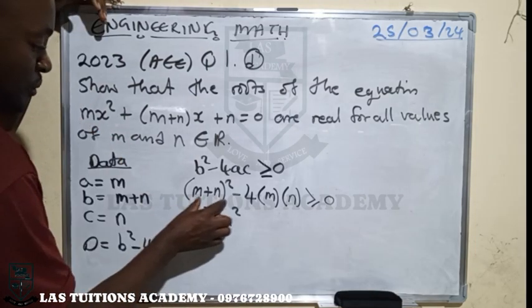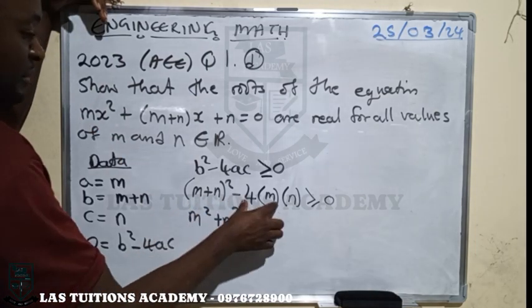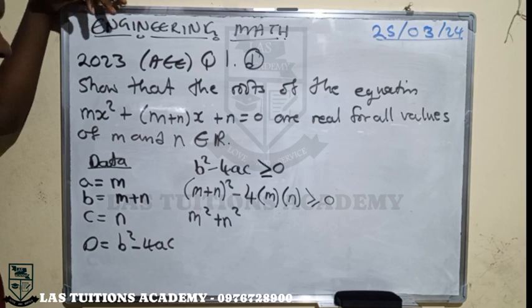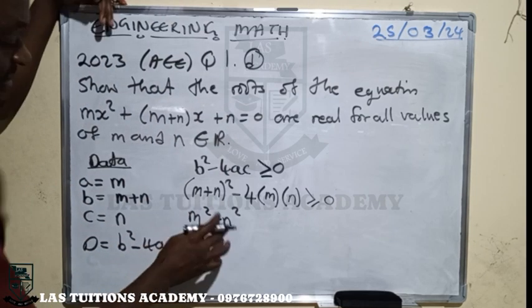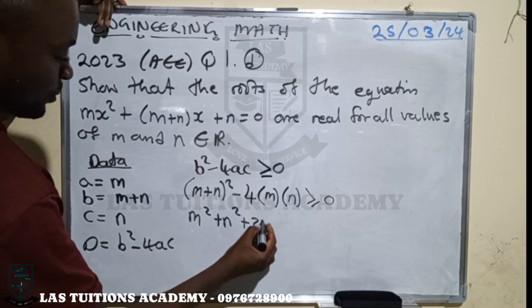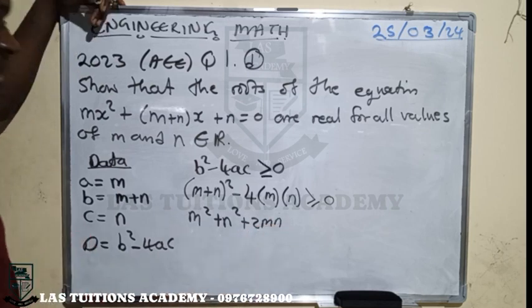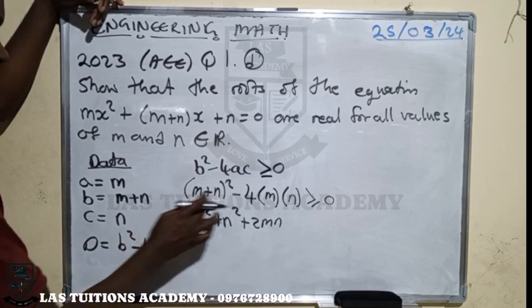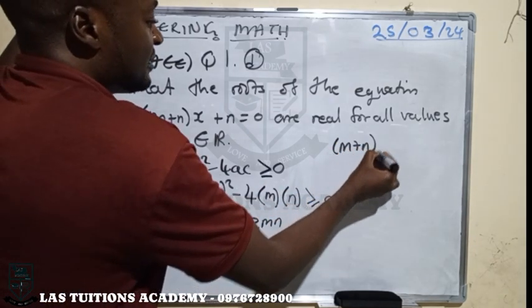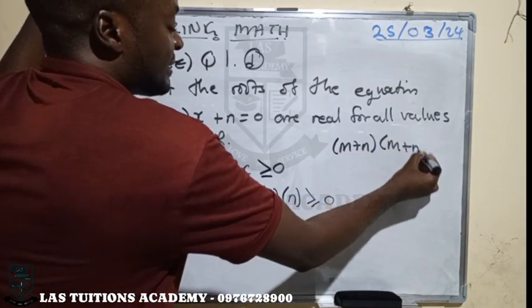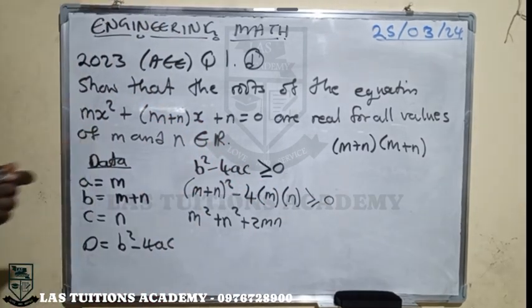That's when we can bring the negative 4mn. So when you expand this, you're going to get m squared plus n squared plus 2mn. This is as good as saying (m plus n) times (m plus n). So when you expand that, it will give you this.